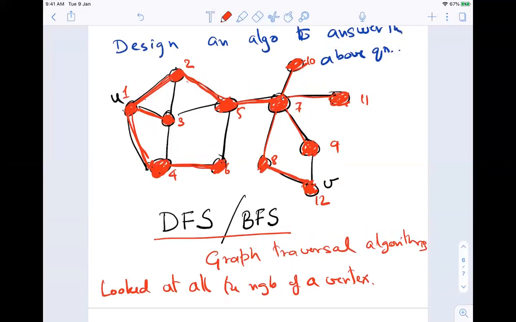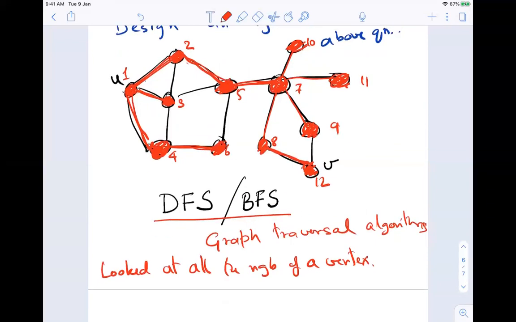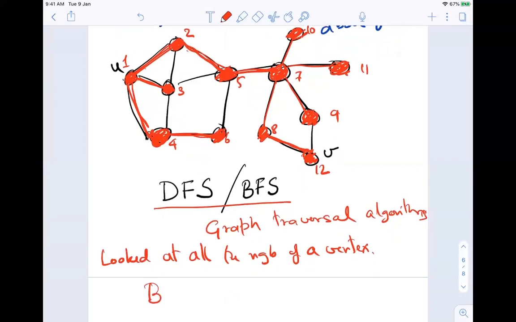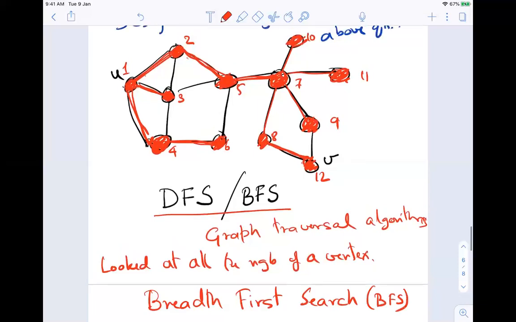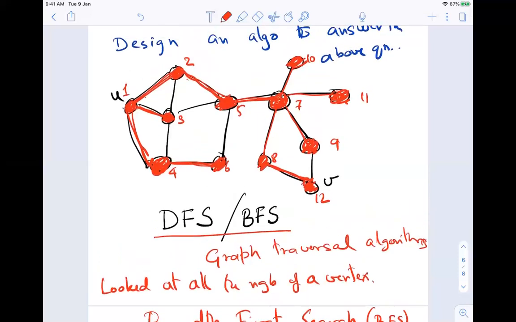And in this way, I could have gone over the whole graph. Now this is called the breadth first search, or BFS. Now, first of all, what is the time complexity of this algorithm?